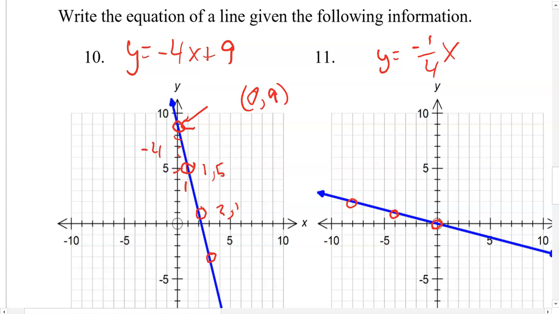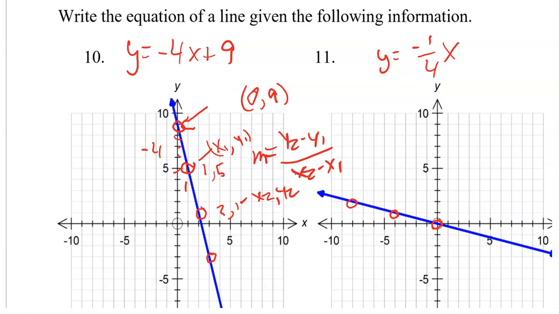If we wanted, we could calculate slope by taking those 2 points and do m equals y2 minus y1 over x2 minus x1. We will call this point x1, y1. We will call this point x2, y2. So you can do the math on your own, or you can just count it down off of the graph.